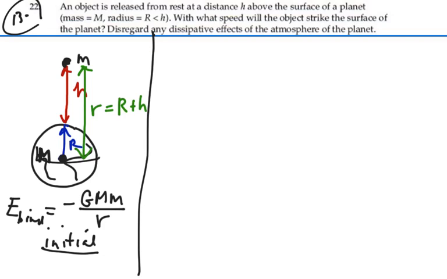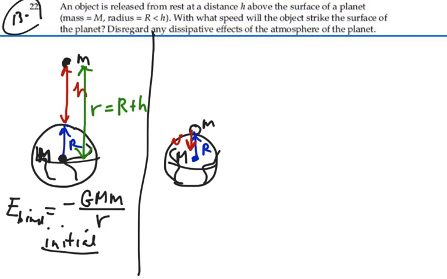But then the object falls, and it's going to hit the planet. So we have this situation right here where the mass, little m, hits the planet. At this point, big M and little m are separated by a distance of the radius of the planet. But little m now has gained some kinetic energy, so it's got a final velocity when it hits.